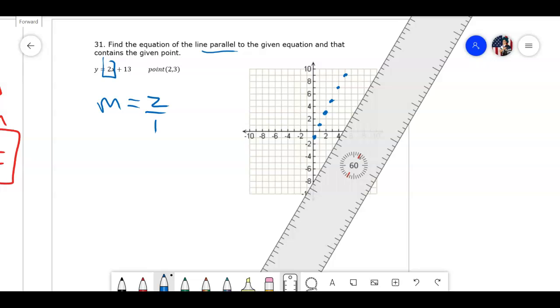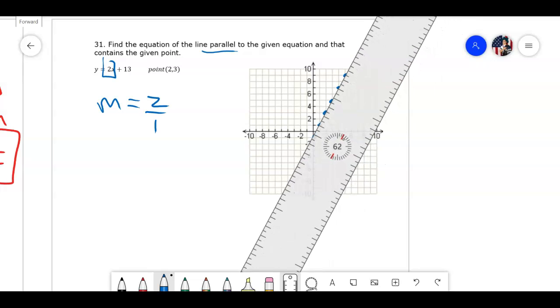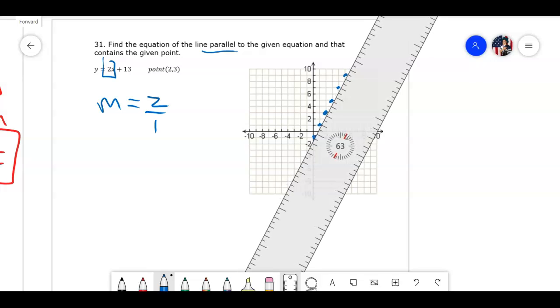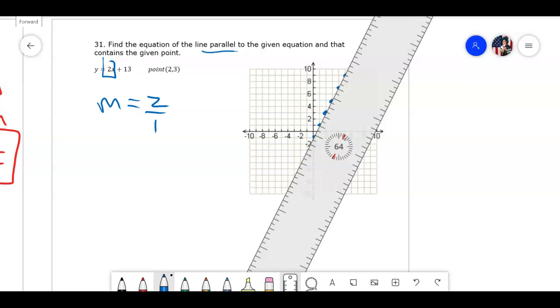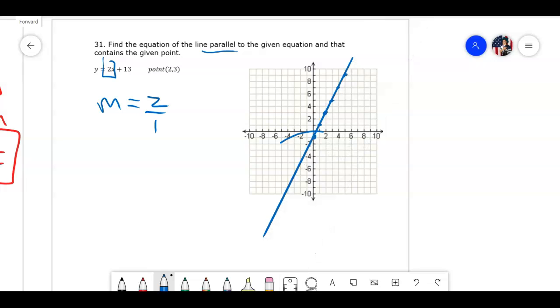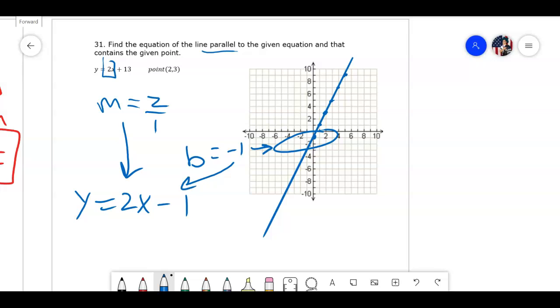So let's make a straight line through this. Cool. And then I can see right here my b is -2. Sorry, -1. So y equals 2x minus 1. All right, and that's your review.